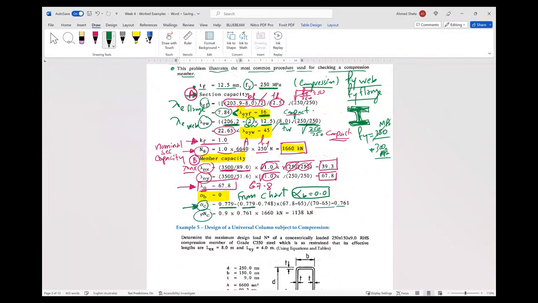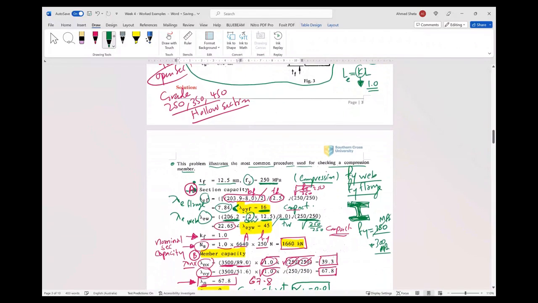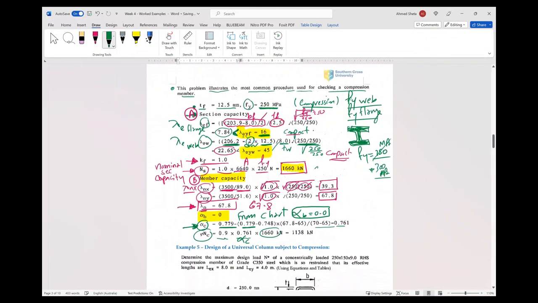And we get phi Nc equal to 0.9 times 0.779, which is alpha c, times 1660, which is Ns here. So we have phi times alpha c times Ns, and finally we get phi Nc equal to 1138 kilonewton.